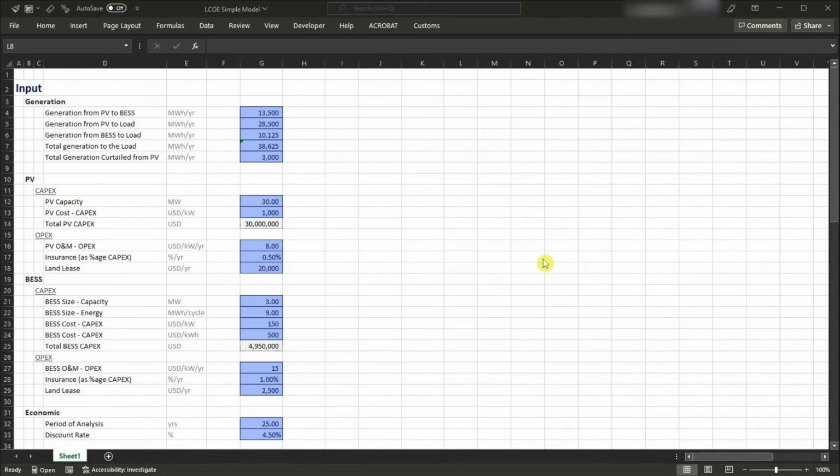So for the second approach, we need to calculate how much of the PV costs, including capex and opex, belongs to the BESS system and how much belongs to the PV only supplying electricity to the load. The idea here is that we break the project into two components. One represents the PV system that provides electricity to the load directly, so all the electricity going from the PV to the load.